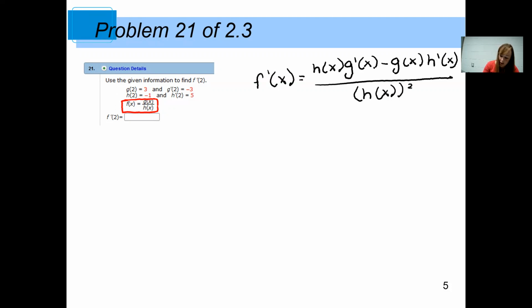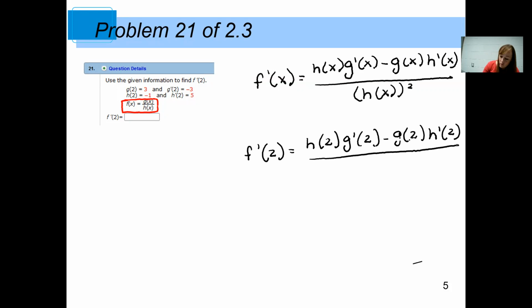All right. And then we're going to plug in 2 now into this, because we want to find f prime of 2. That's what we're asked to do. So this is going to give me h of 2 times g prime of 2 minus g of 2 times h prime of 2, all together over h of 2 quantity squared.